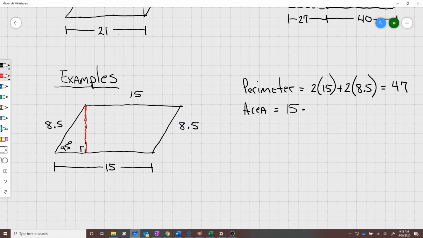So if we're trying to find this height, which is a leg of a 45, 45, 90, you know from the rule that the leg, or in this case the h, is going to be equal to 8.5 divided by the square root of 2. So in your calculator, we need 8.5 divided by the square root of 2.